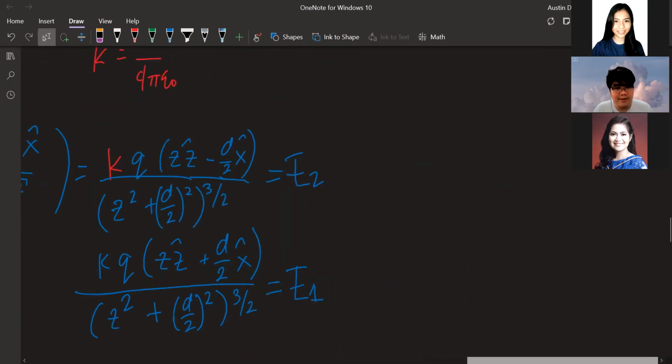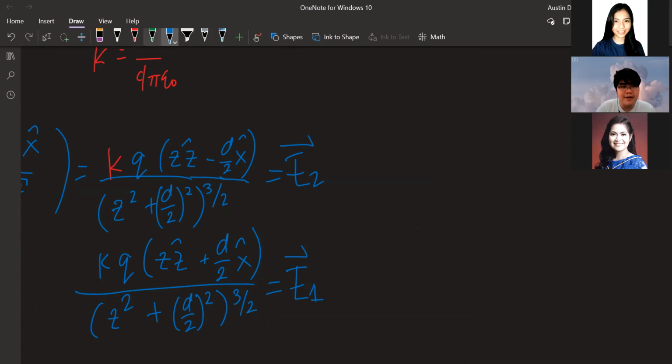If we add this, you can see that KQ is the same, the denominator is the same, Z hat is the same. The only thing different is the D over 2. And when we add vectors, we add them by components. So the X hat part cancels out, and we're left with Z.